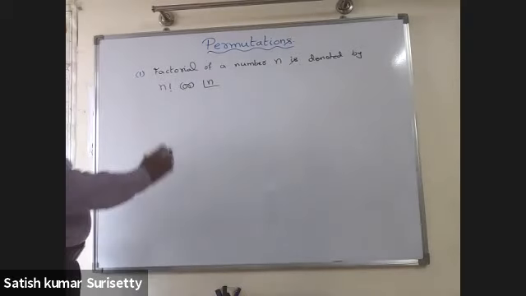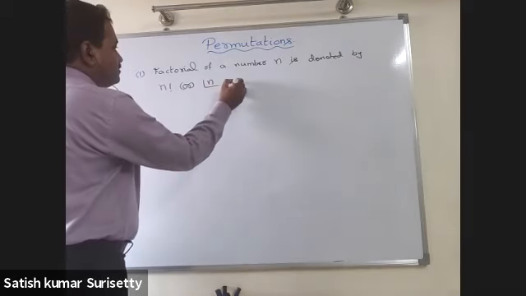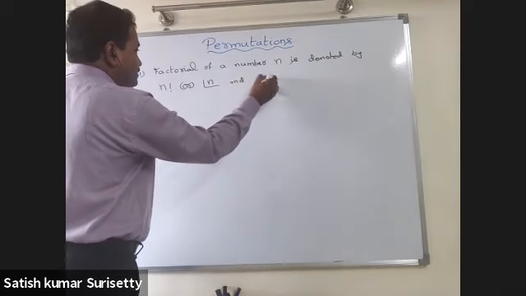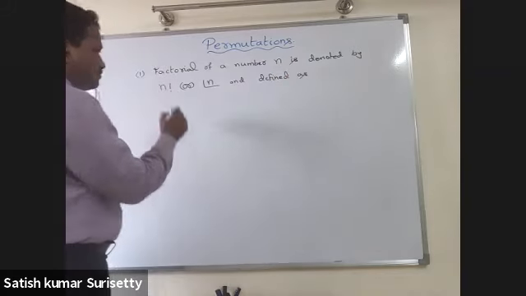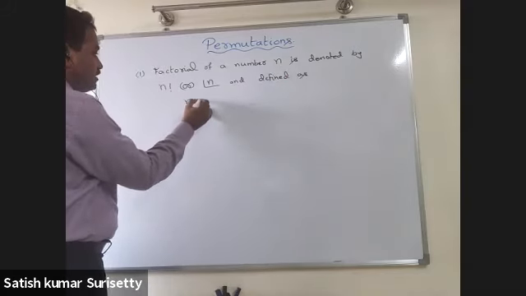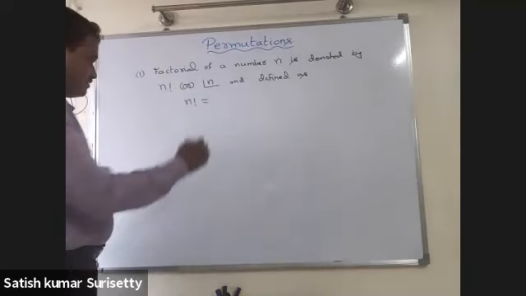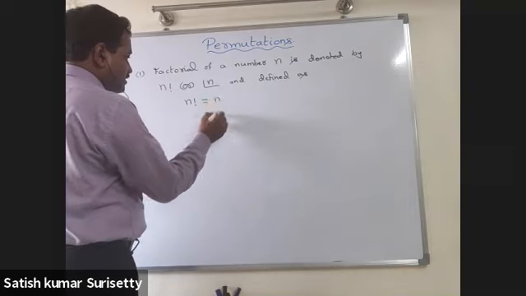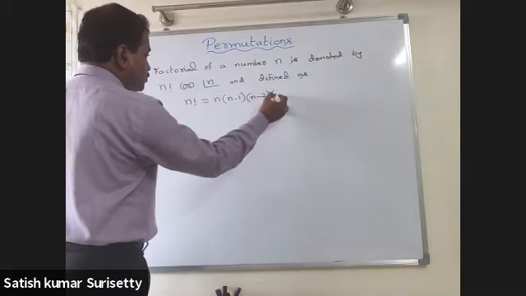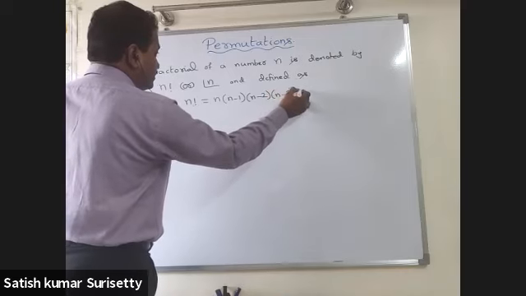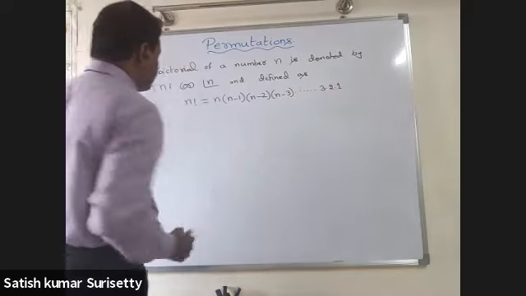Both are read as n factorial and defined as: n factorial equals the product of first n natural numbers, that is n into n minus 1, n minus 2, n minus 3, and so on, 3 into 2 into 1.